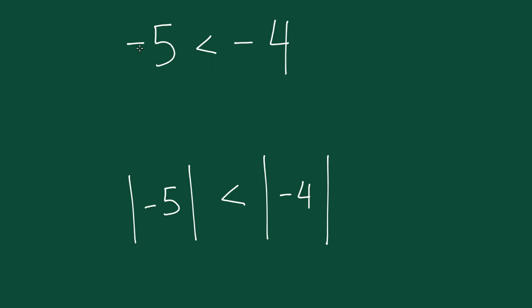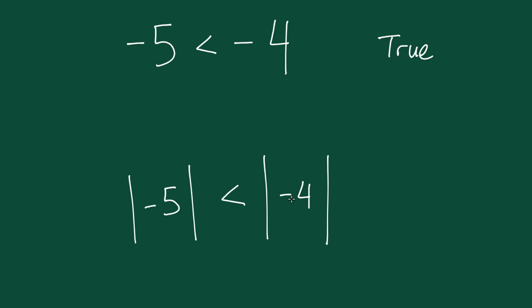So let's see, -5. Remember, when we have a negative sign, the bigger the number, the smaller the value. So is -5 smaller than -4? Well, on a number line, -5 is to the left of -4, so this is true. This part right here, that's true. Right? -5 is smaller than -4.